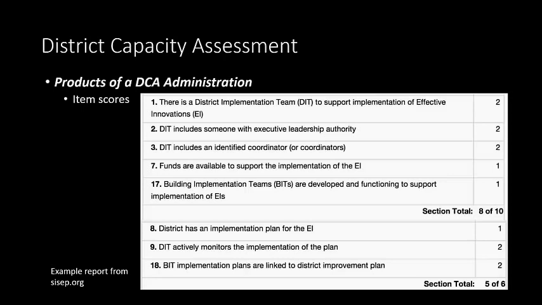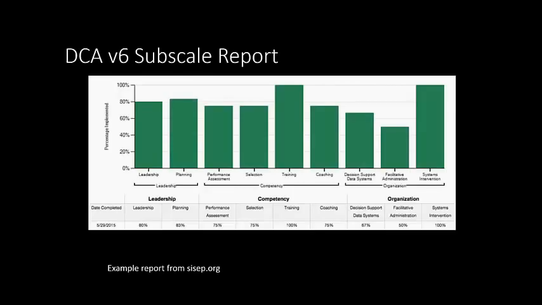And item 17 will then show you that it's partially in place: the school teams are developed, function, and supports for the evidence-based initiative. This gives the team an opportunity, as you plan for next year, to really drill down on those specific areas we needed to work on.